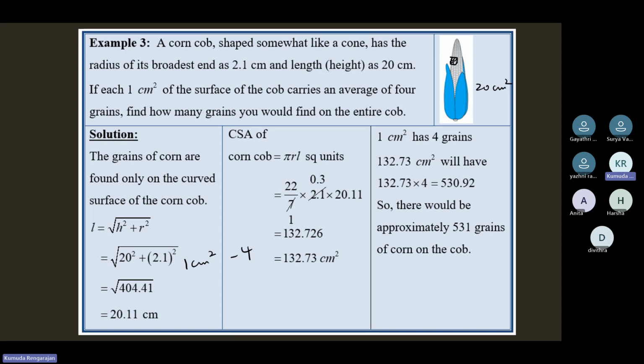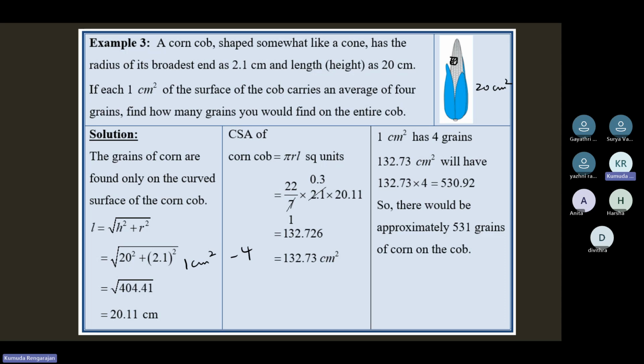Similar to the cost of 1 pencil is 4 rupees. What is the cost of 20 pencils? So 20 into 4. In the same way, 1 centimeter square of the corn cob carries 4 grains.